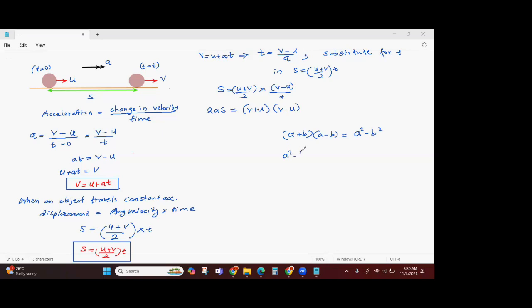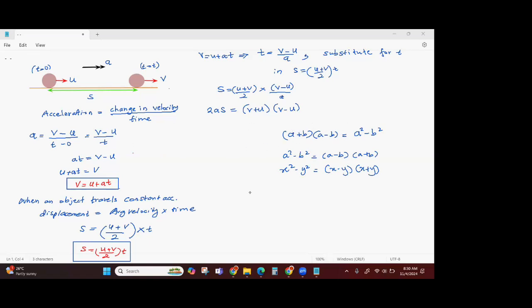a squared minus b squared is equal to a minus b into a plus b, or x squared minus y squared is equal to x minus y into x plus y, right? These are the factors of the difference between two squares, because you can expand this and get that.